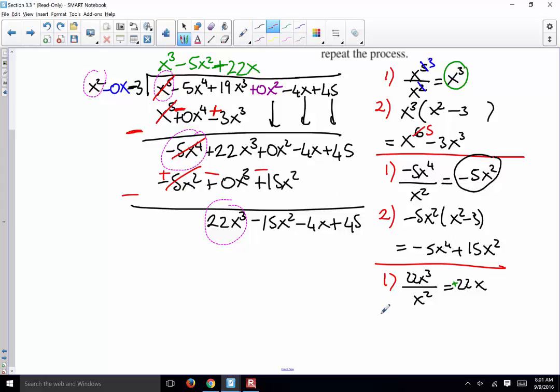And I take that 22x multiplied by the divisor, which is 22x cubed minus 66x, and I bring that down here and subtract.